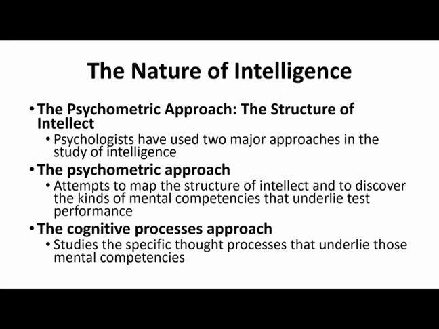Can we figure out what's going on underneath the surface that's driving differences in performance? Can we figure out what mechanisms might be involved that make some people appear more intelligent or less intelligent? We're going to come back to the cognitive approach later on in the chapter, so we'll leave that there for now.